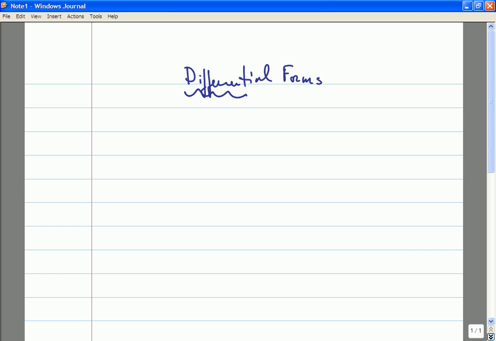We're going to be continuing our discussion of tensor calculus, and in particular, we'll complete our discussion of differential forms. Differential forms is a subject that you might think you know nothing about. But in fact, as we will discover today, you have been dealing with differential forms for several years.